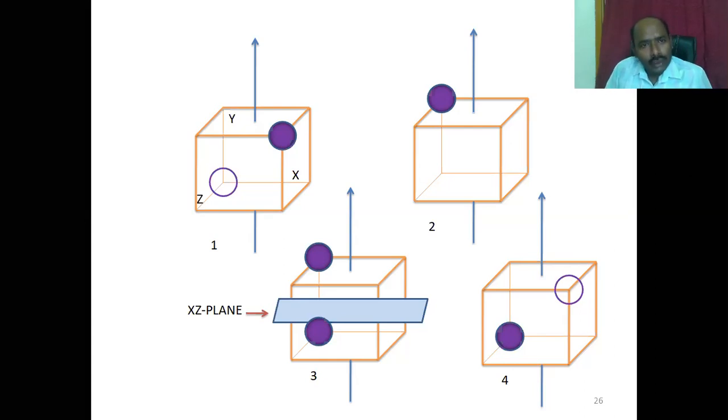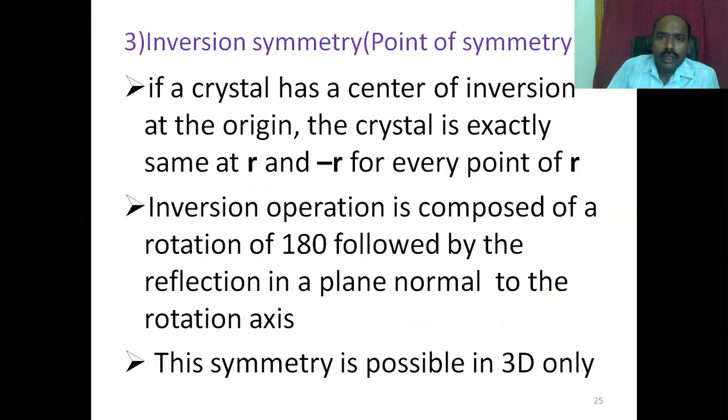In this case, the symmetry element is a point. We may call it the inversion center. The inversion symmetry is also called the center point of symmetry.